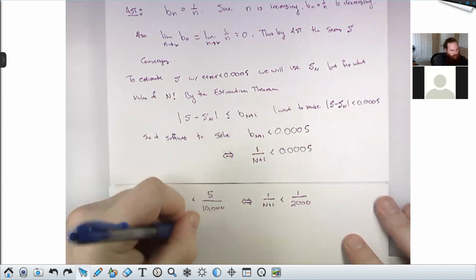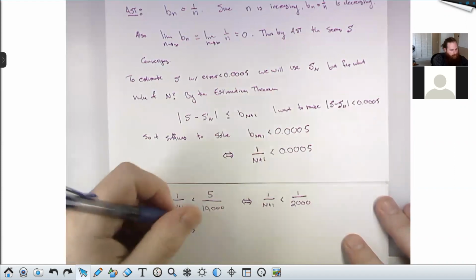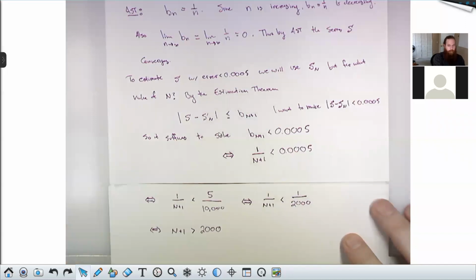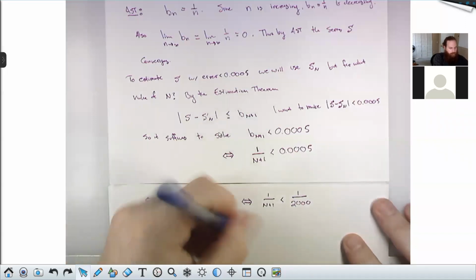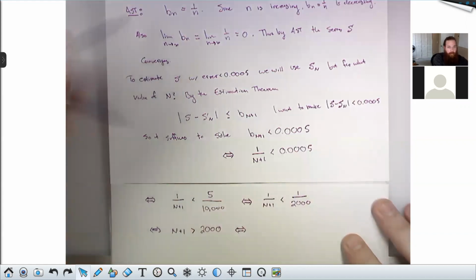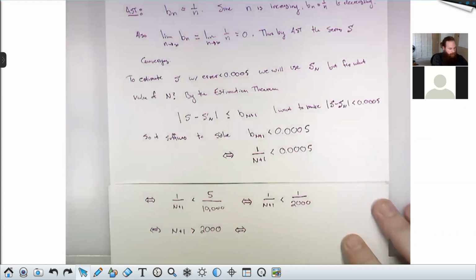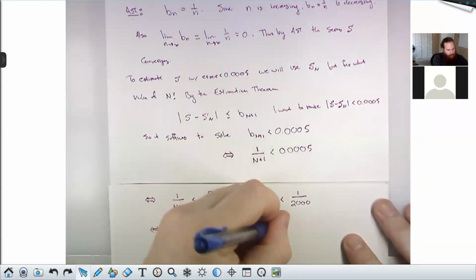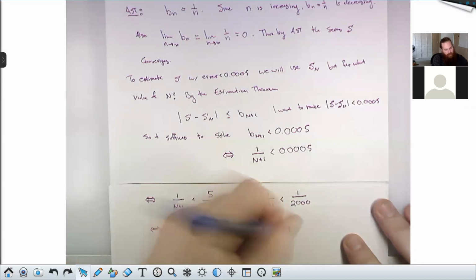N plus 1 is greater than 2,000. Which is the same as saying N is greater than 1999.